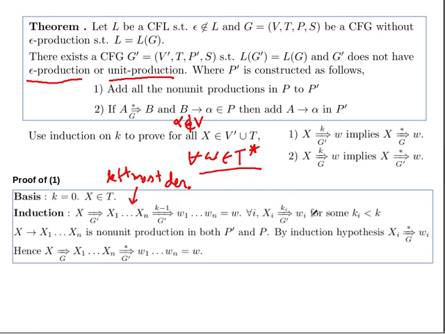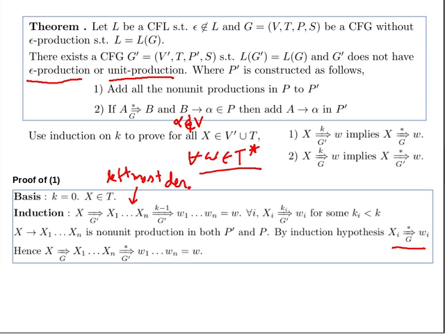So by induction hypothesis, what do we have? So we have that this thing also is true for G, right? Yeah, so by induction hypothesis we have this from here, right? And you see that this is a non-unit production in P prime.